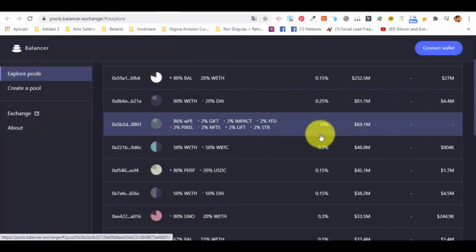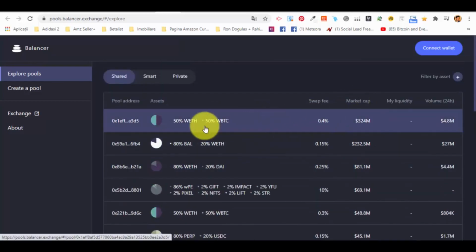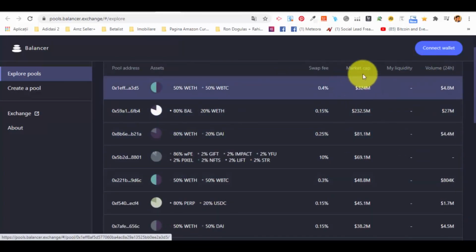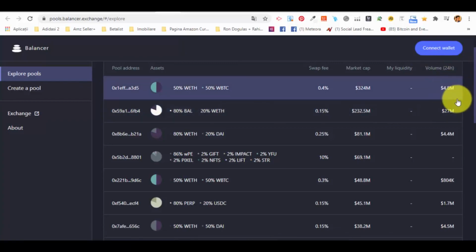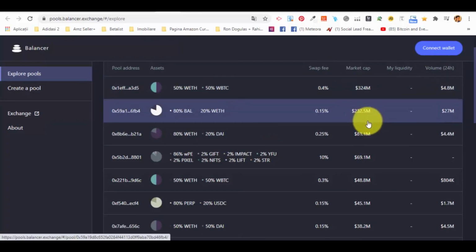And you can check out the fees, the market cap for each pool, the volume. Obviously, you will want to choose, based on what we think, based on the volume, the swap fee, the percentage you can earn, and the market cap.